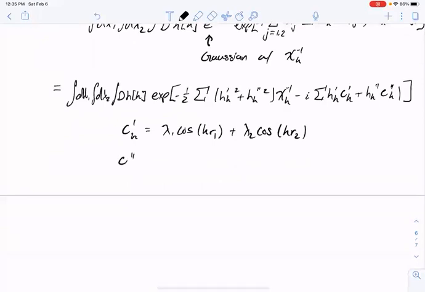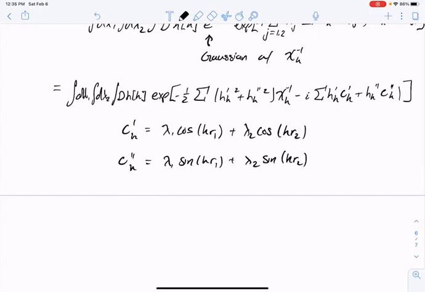And analogously, the imaginary part is then weighted by the sine of the location of our two binding sites. Like so.